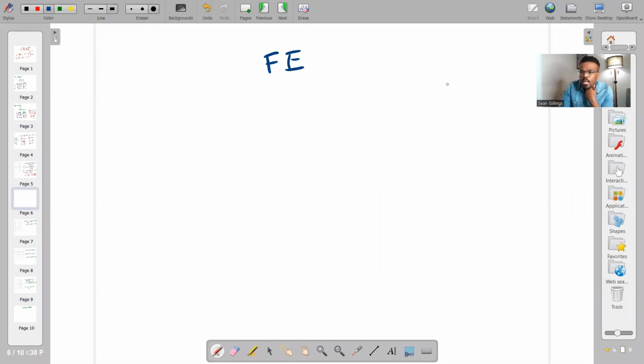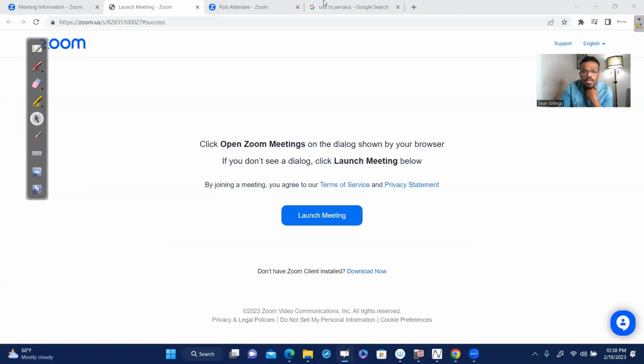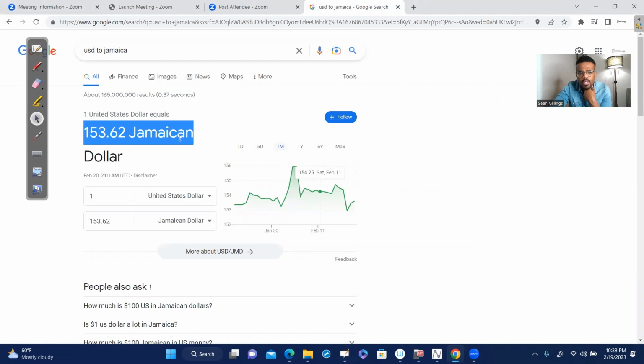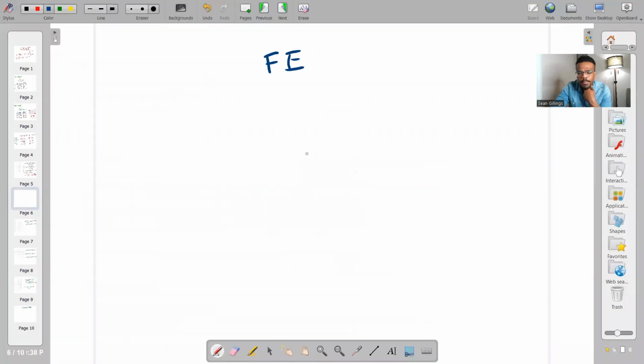Let me see if I can pull it up. It doesn't want to work with me. There we go. One United States dollar is equivalent to 153.62 Jamaican dollars. I have USD, the currency for the United States, and JMD, the currency for Jamaica.